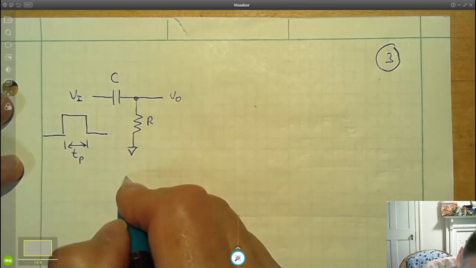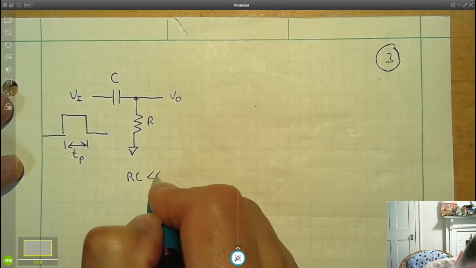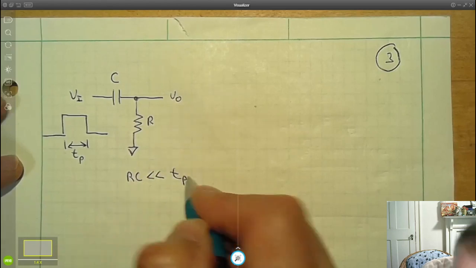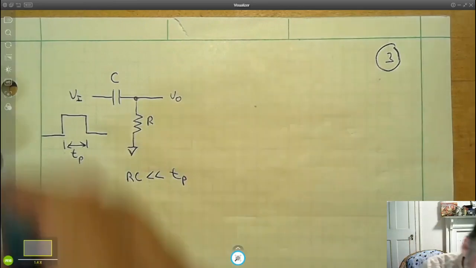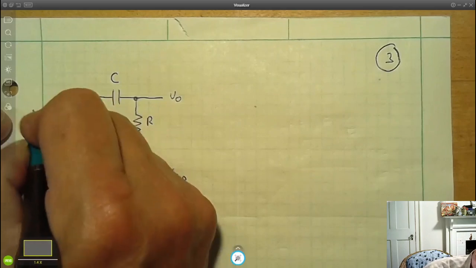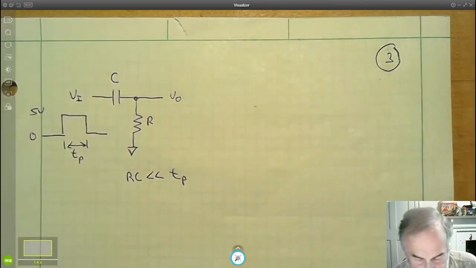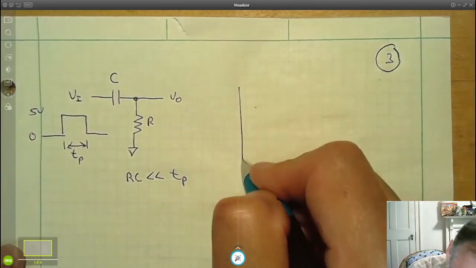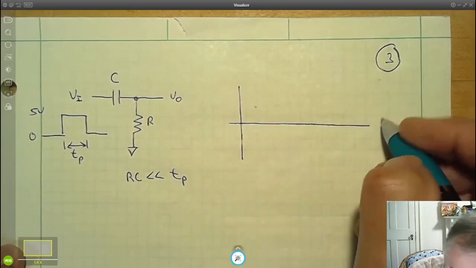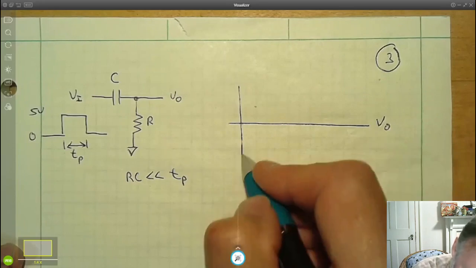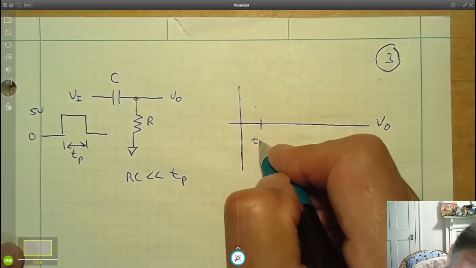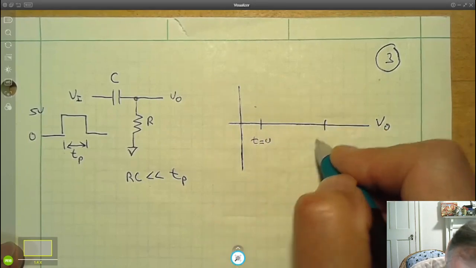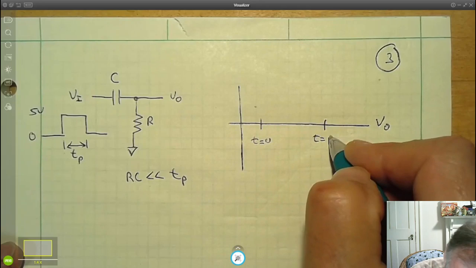And I'm going to tell you that RC is much, much less than the time period of our pulse. Okay? So this pulse goes from 0 to 5 volts. What we're going to do is think about V out as a function of time. Here is t equals 0, t equals t sub p.